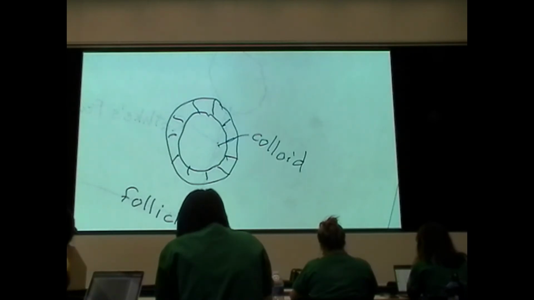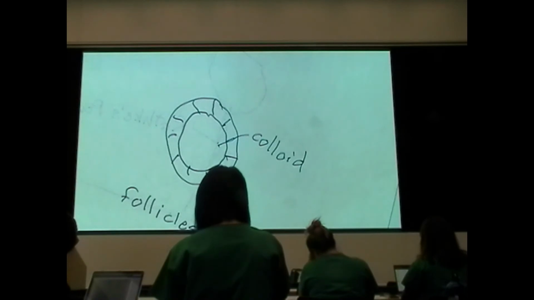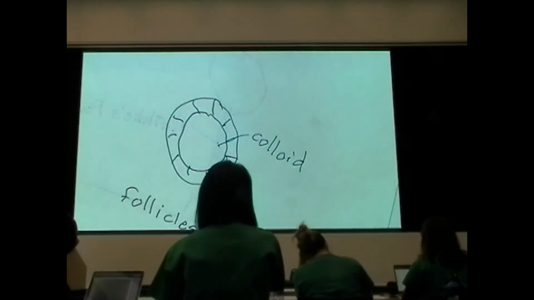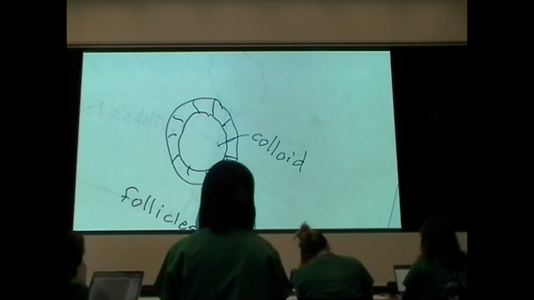Now, thyroid follicles produce one hormone, thyroid hormone. And the way in which they do is very unusual. They engage in a kind of secretory cycle that is unmatched by any other cells in the body.